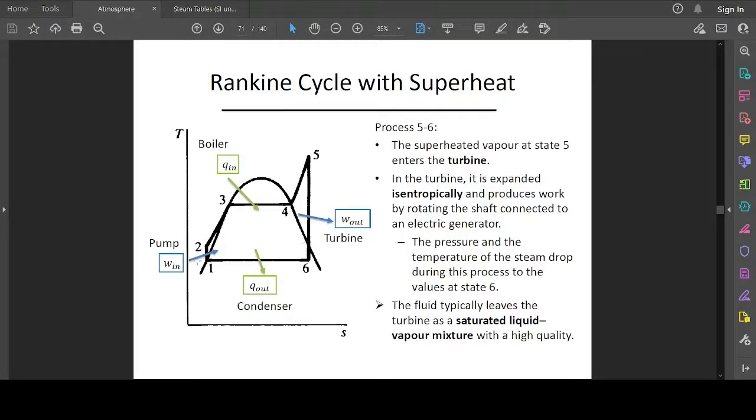It goes down to this temperature here, but it does that at a constant entropy. Okay, so the fluid typically leaves the turbine as a saturated liquid vapor mixture. And that saturated liquid vapor mixture enters stage 6, which is the condenser.